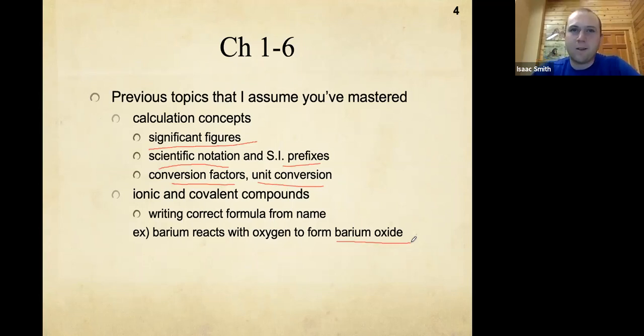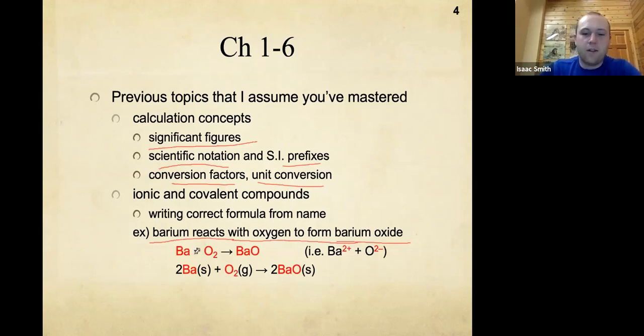I'm not gonna ask those simple questions anymore because that was exam 1. I'm just gonna assume you know them. So I'm gonna give you a question like barium with oxygen to form barium oxide, and I'm just gonna assume that you know how to write all that out. You would need to be able to come up with this equation right here from these words.